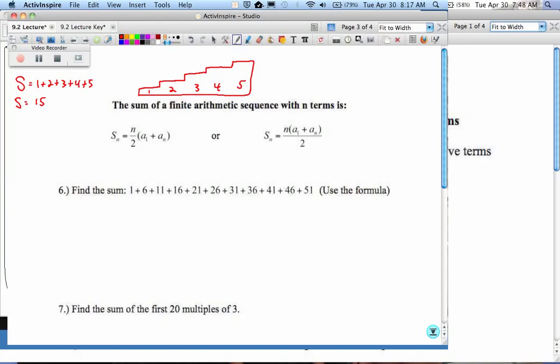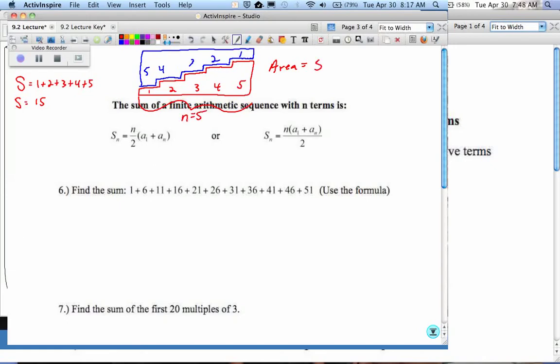So if I take another staircase, identical, and flip it upside down on this, what kind of shape do I have? A rectangle. How do you find the area of this rectangle? Area is, well, what is the base? 1, 2, 3, 4, 5.